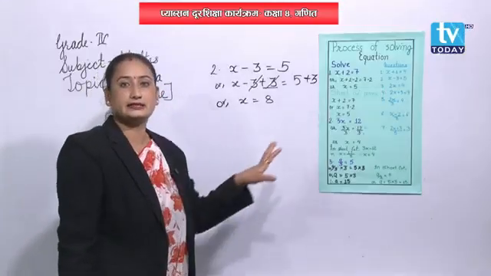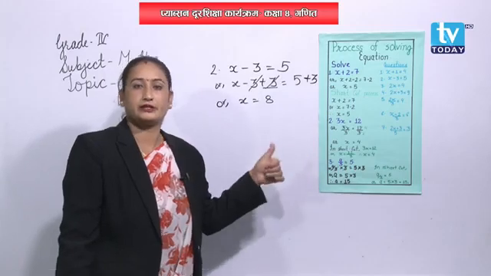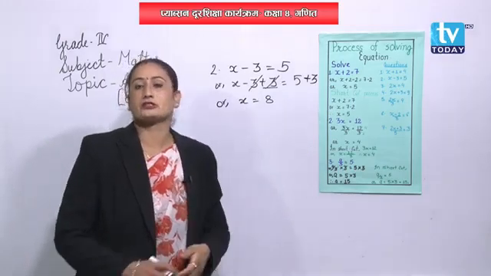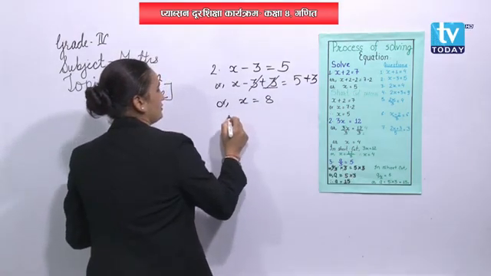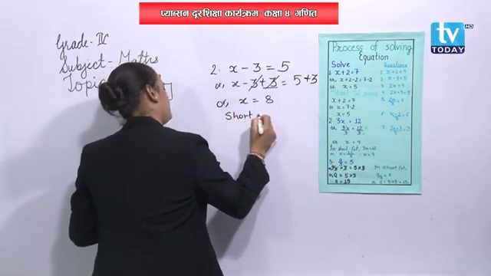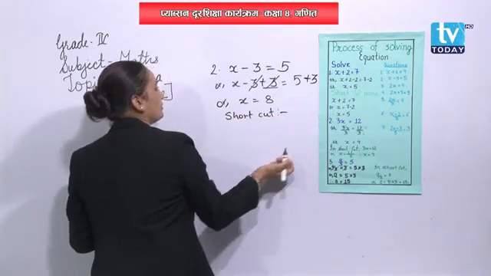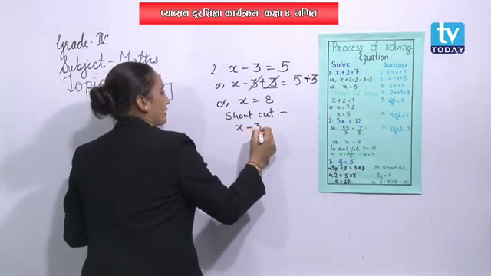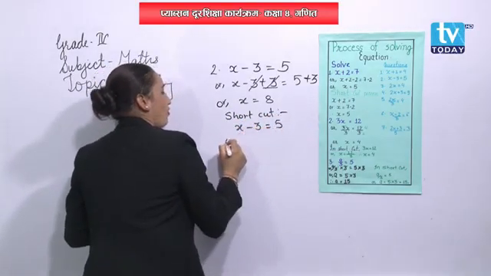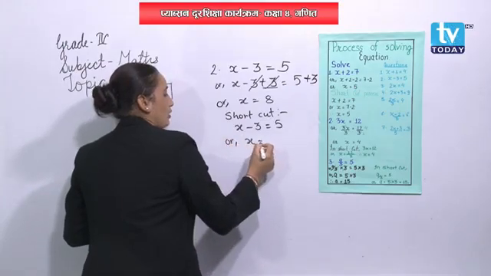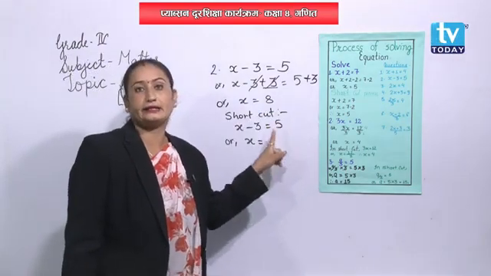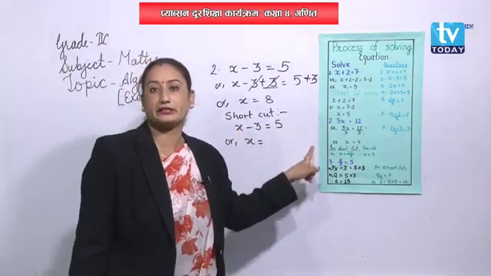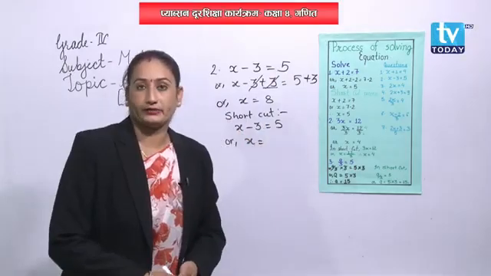What will be the answer? It's 8. Are you getting me? Okay, let's follow the shortcut. When you follow the shortcut, then what will happen? X minus 3 equals to 5, or we can say that when the minus sign goes to the back side, then this minus sign will convert into the plus sign.